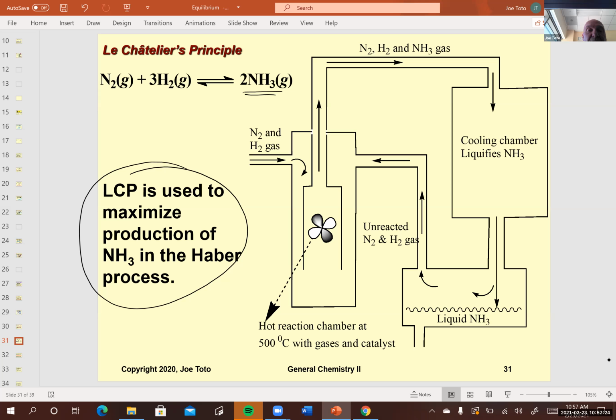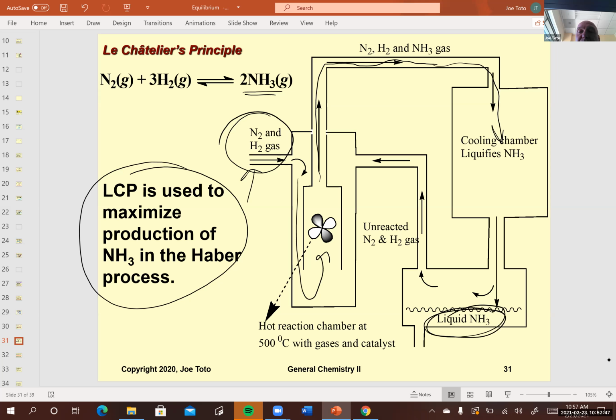Here I have a chamber that injects reactants, and it comes down here and gets heated up, which causes a reaction in this chamber. Then everything is funneled around to a cooling station that siphons off the product. And what gets recirculated is the reactants.